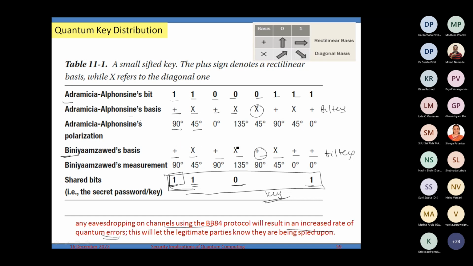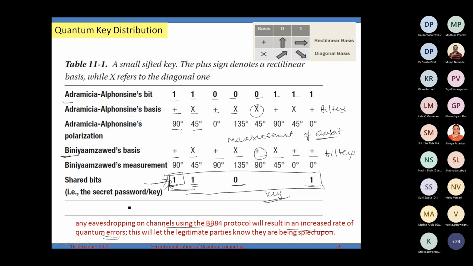The reason is, all of you must have learned that any measurement of a qubit will collapse the system. So the point is that, number one, both A and B are able to share the key. A and B cannot prevent Eve from listening to this communication channel, but they will come to know that yes, Eve has listened to the communication, so they can restart the key sharing process.